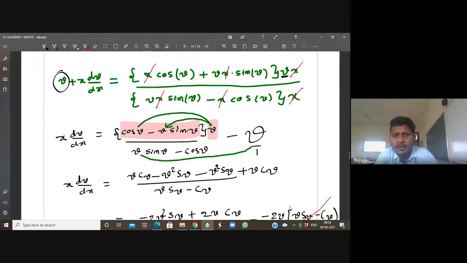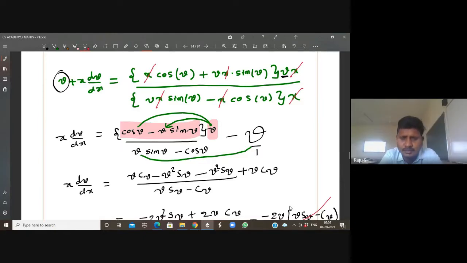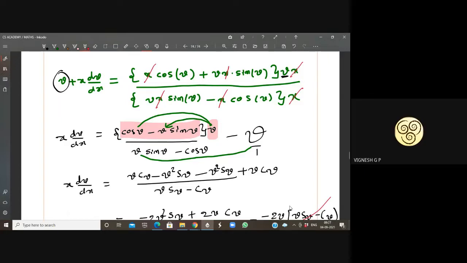Yes, Mithun, where I have done the mistake? Mithun. Where I have done the mistake, Mithun? Rutika, where I have done the mistake? So in the second step, instead of plus, you took minus.